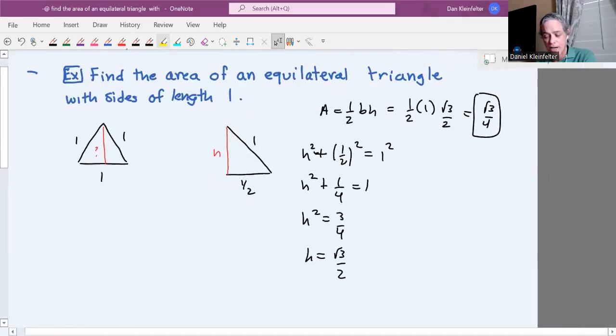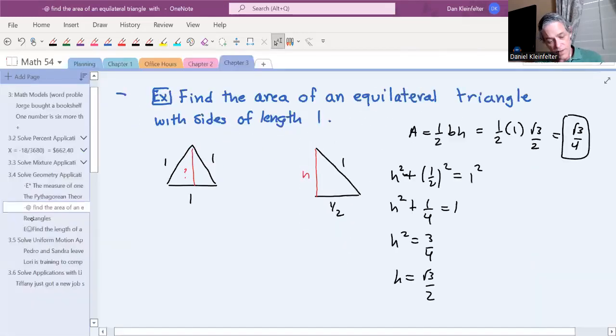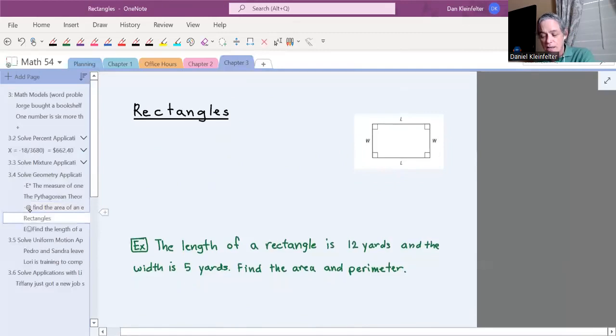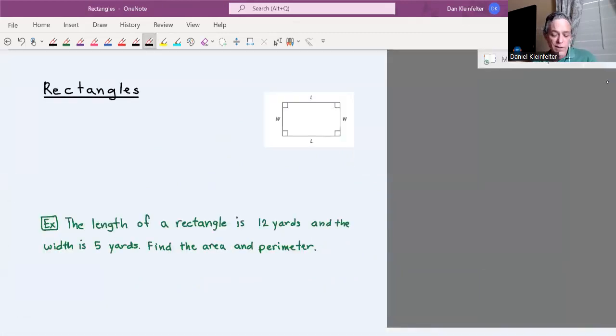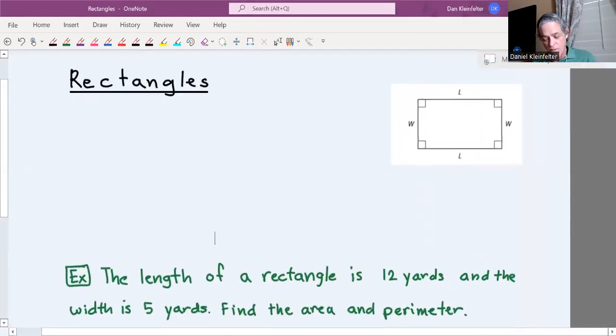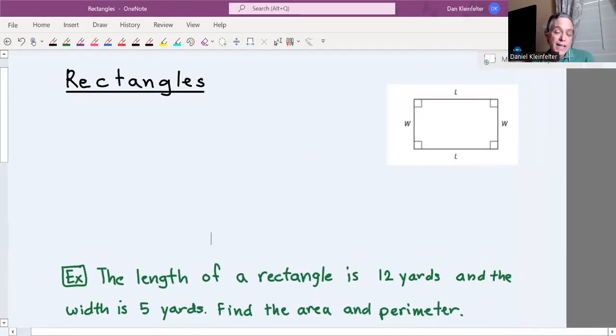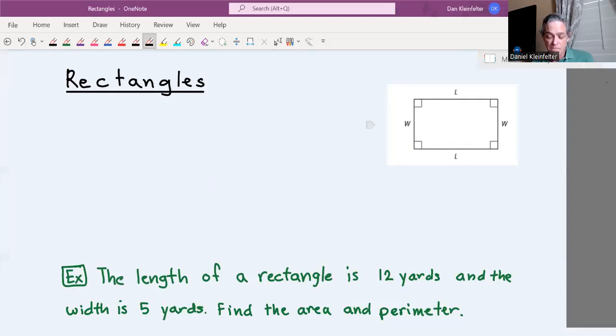Okay, so that's it for triangles. We can go on to a bit about rectangles next. Everybody watching knows what a rectangle looks like, but just to be sure, we'll go over some high points. A rectangle has 4 sides, all pairwise equal. So the 2 opposite sides are equal in length.